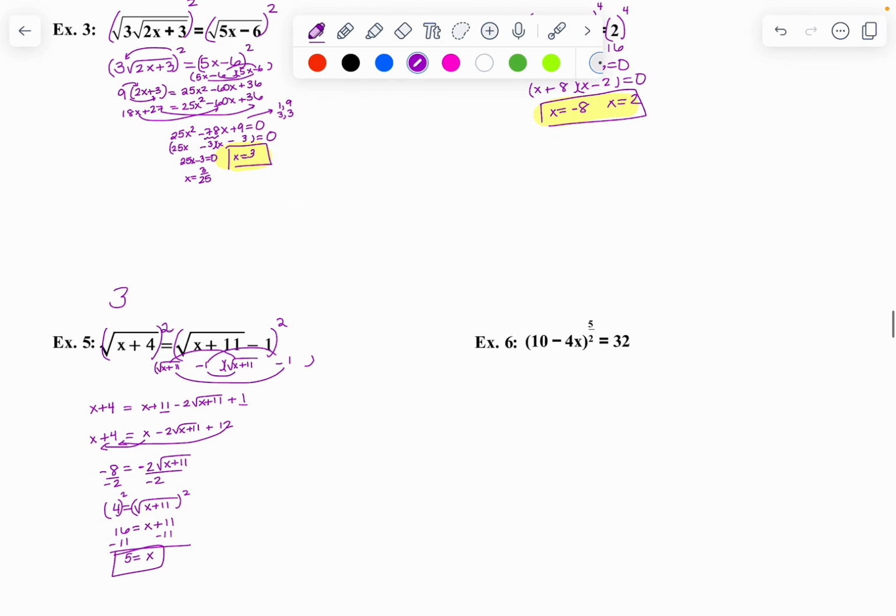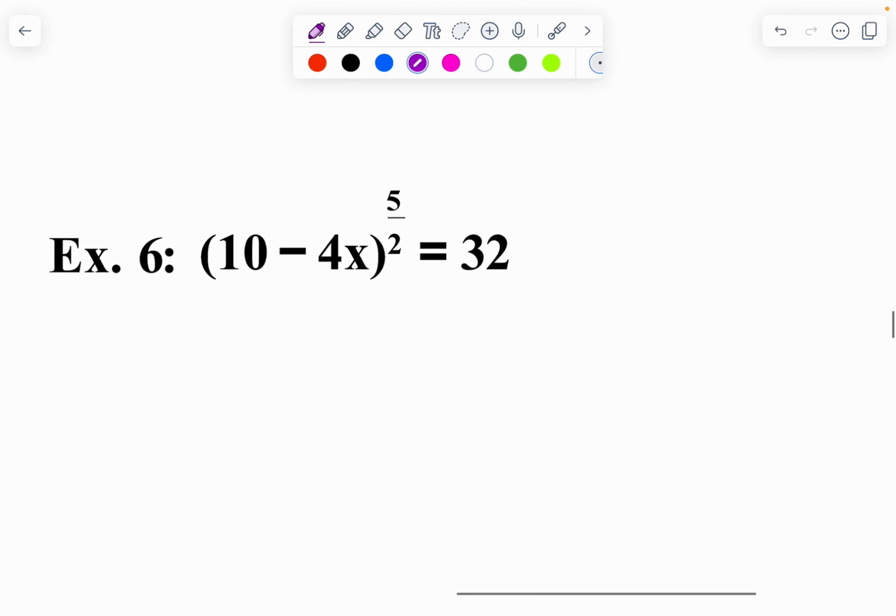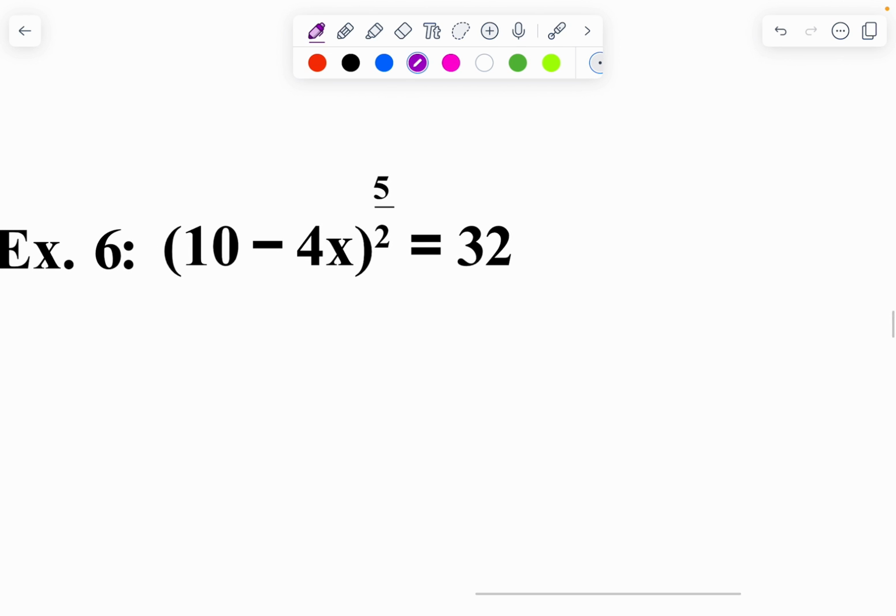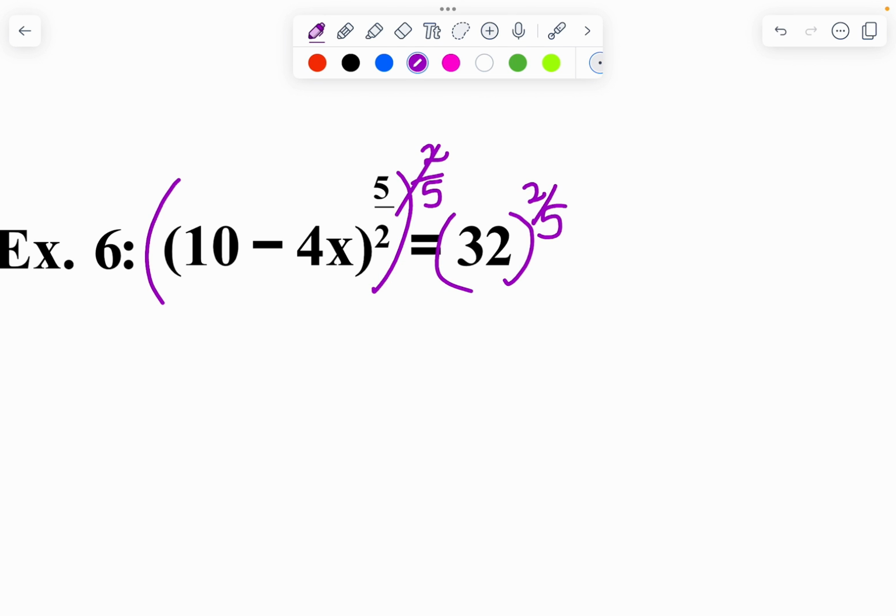All right, this next problem, this is raised to the 5/2 power. So what I have to do is take both sides and raise it to the 2/5 power. So these cancel out. So this becomes 10 minus 4x.